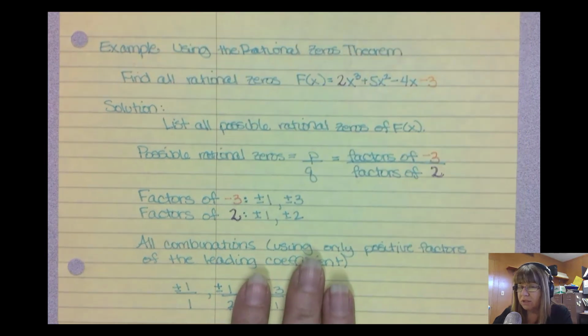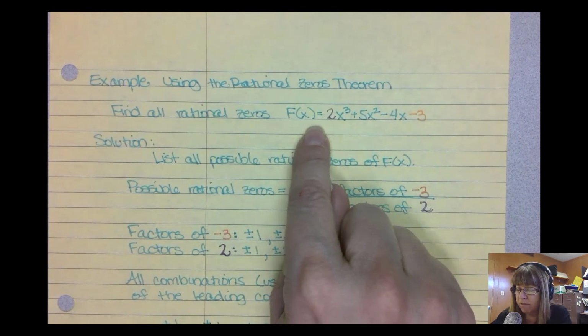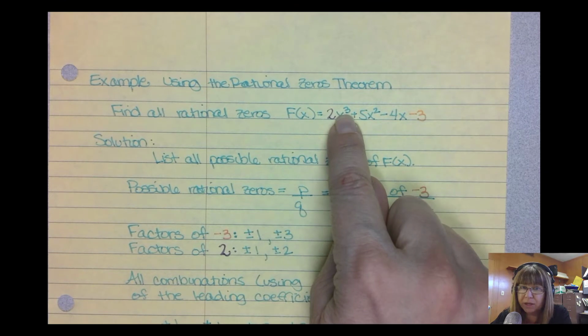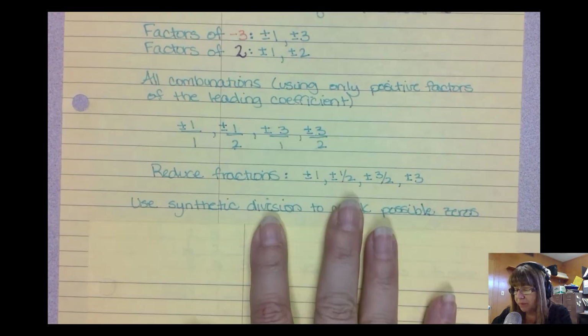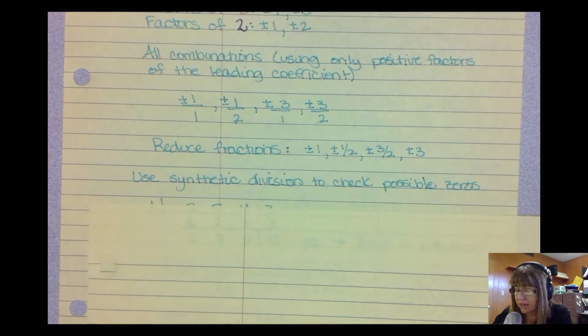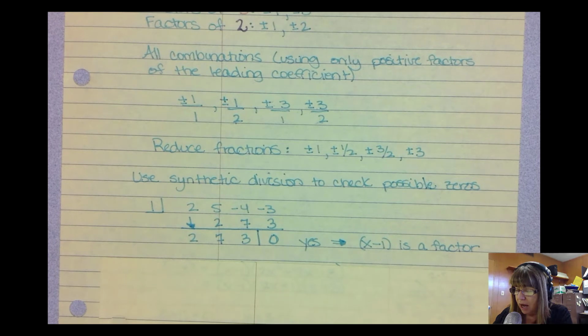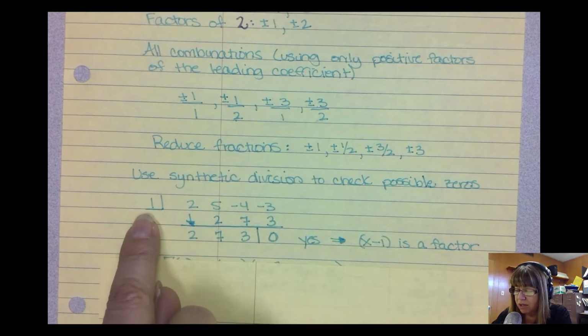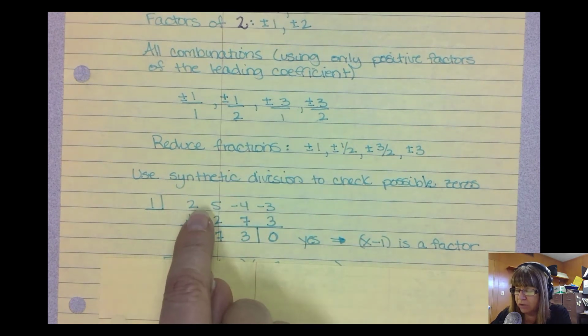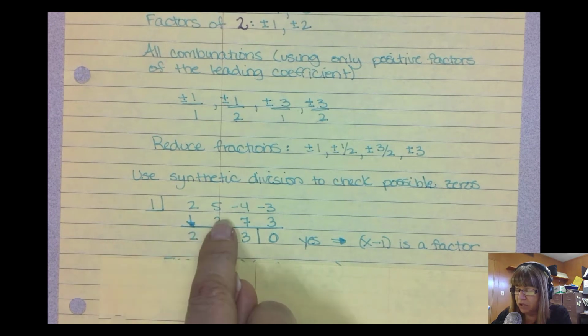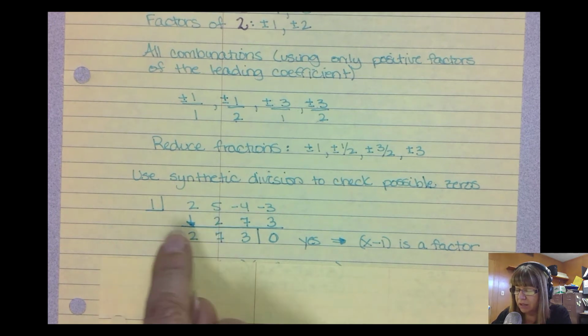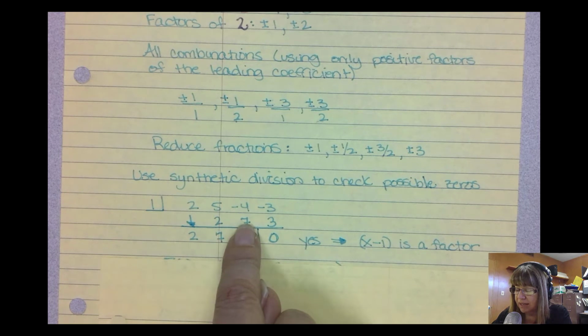Now let me just go right back up to our function. We are looking for at most 3 real zeros. So here we go. Using synthetic division, I'm going to use 1 first, just positive 1. And sure enough, bring the 2 down. 1 times 2 is 2. 5 plus 2 is 7. 1 times 7 is 7.